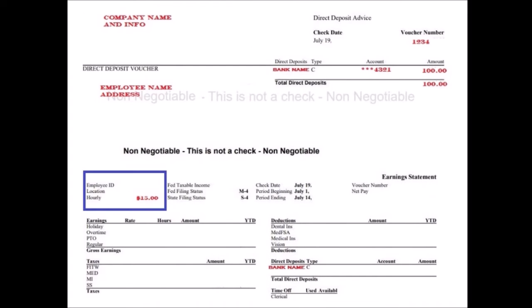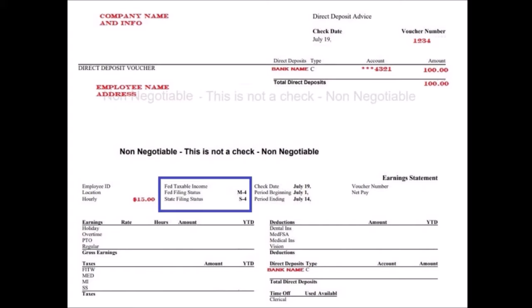This box in the middle on the left is the employee ID, location, hourly rate, or this would be salary rate. To the right of that, you'll see the top of that box says federal taxable income. Your gross earnings are not necessarily federally taxable because some of your deductions may not be federally taxable.